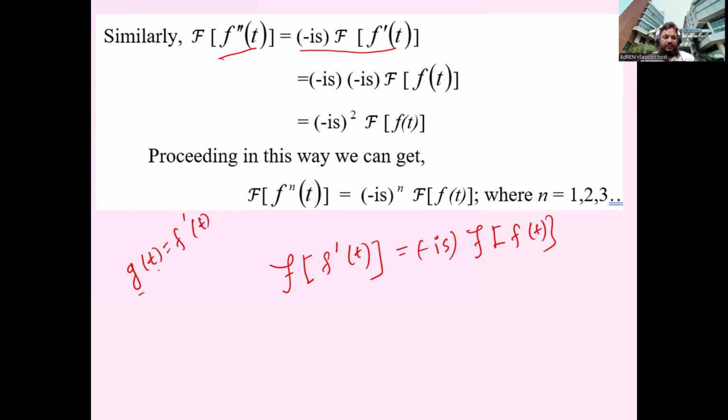So now if we take differentiation, you get g prime t equal to f double prime t, right?